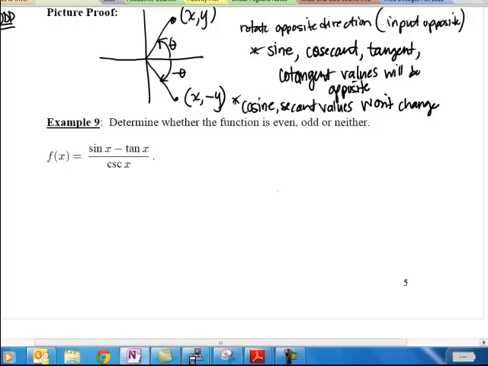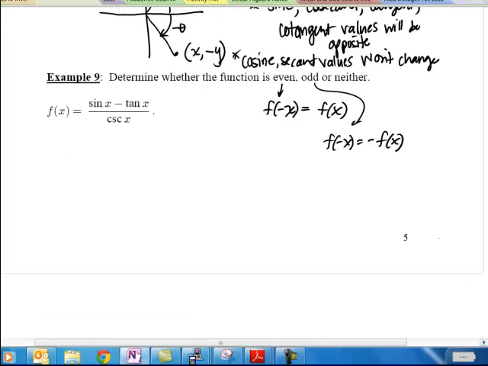around the unit circle. If we want to know whether the function is even, we want to know, does f of negative of the input equal the same as if we just had the input x? Odd would be if we make the input opposite, then the function is opposite, and neither would be neither of those. Right? So our test is make the input opposite and see what happens.